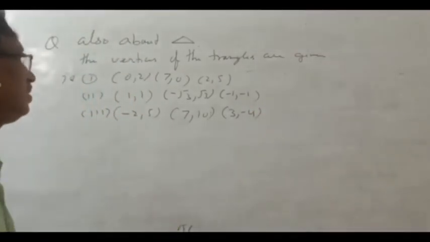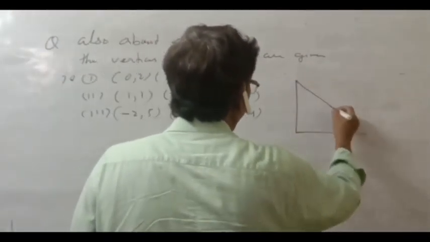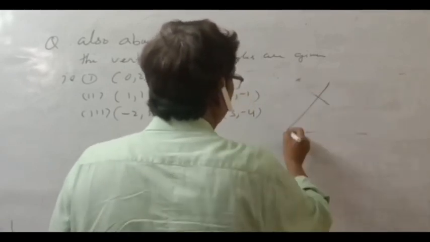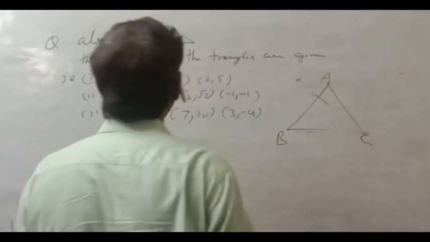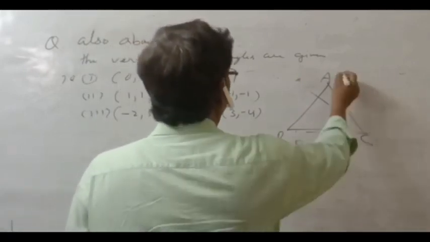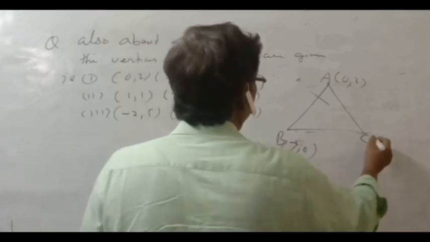These are all the vertices of triangles, which we can easily see in a figure. We put in the figure A, B, C as 0 2, 7 0, 2 5.